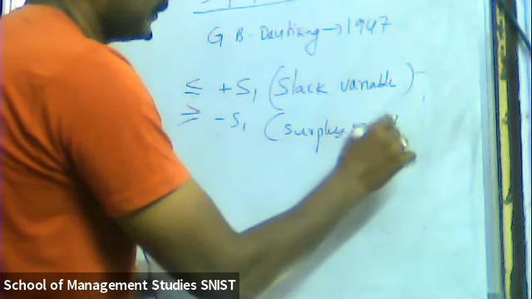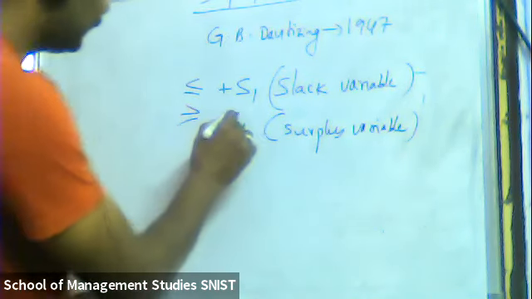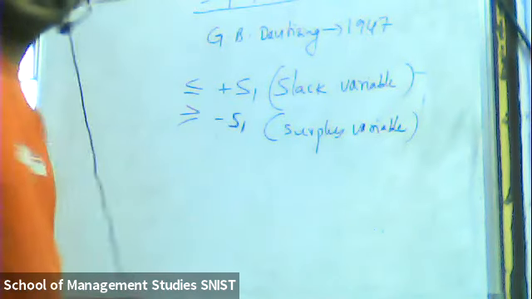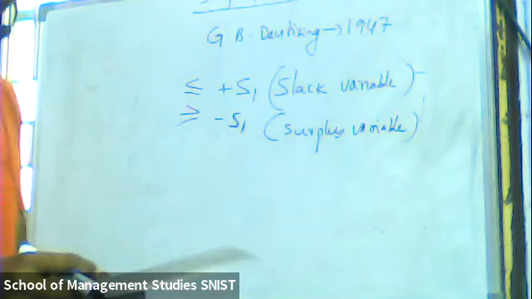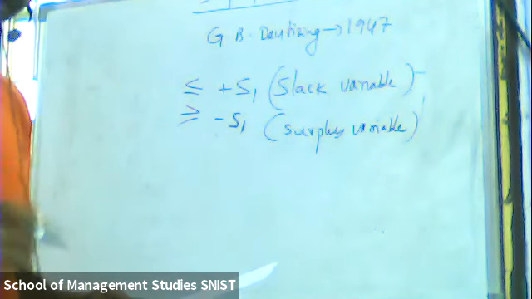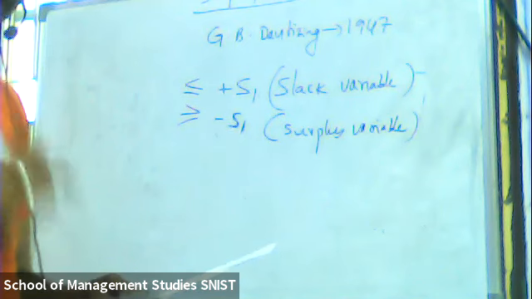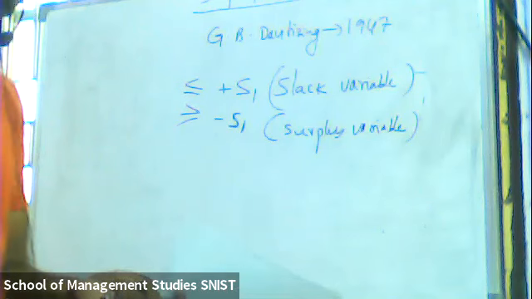The surplus variable is represented as minus S1. What is this surplus variable? It is the amount by which the left-hand side of the equation exceeds the minimum limit. It is the excess amount which we remove from the equation.